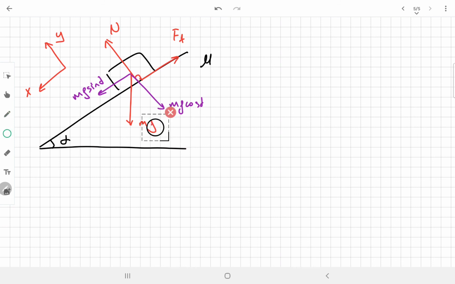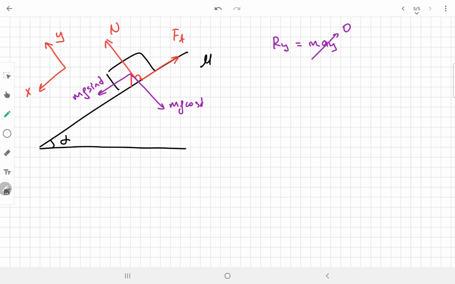So now we can remove the weight because we wrote it in terms of components. So all our forces are given in x and y directions, and let's say this object is moving downward. There is a motion. So resultant force in y direction should be equal to mass times acceleration in y direction, and there is no motion in y direction because it's impossible.